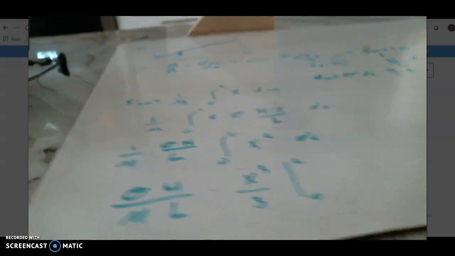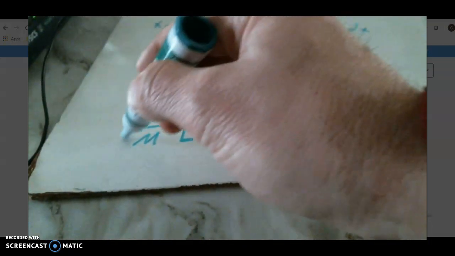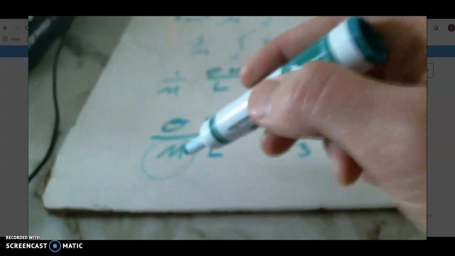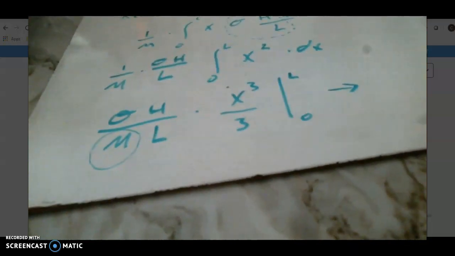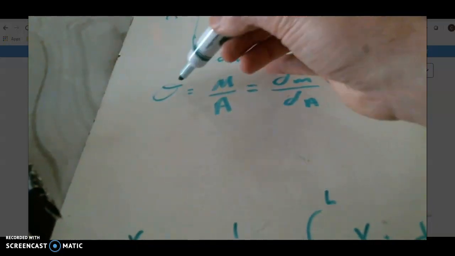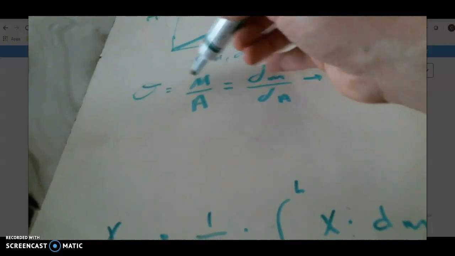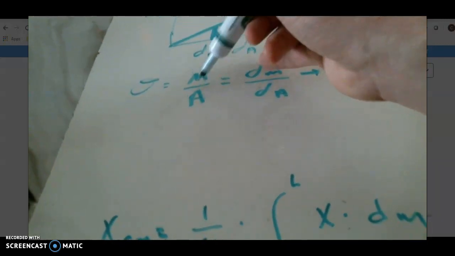Now, remember this mass, remember the swapportunity with the mass that we did before? The same swapportunity is going to happen again. That mass is the same thing as the mass of the whole object, which means it's a sigma times an A whole. The mass whole is the density times the A whole, right?